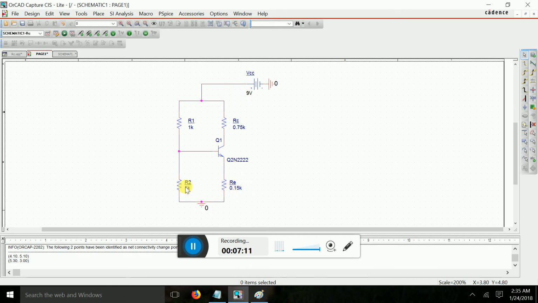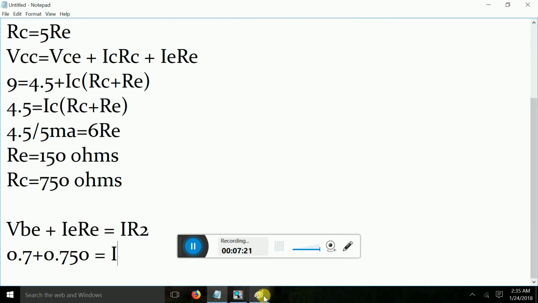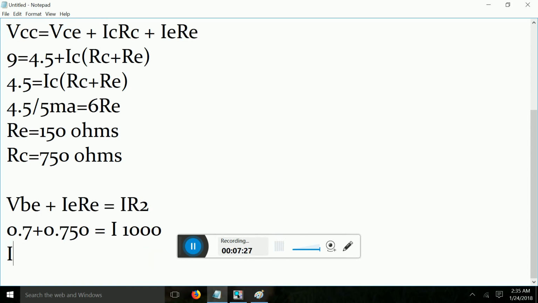So let me take it 1 kilo ohms because it is smaller than 10 times RE, and if R2 is 1 kilo ohms, then you can find I. So I equals 1.45 milliamps.